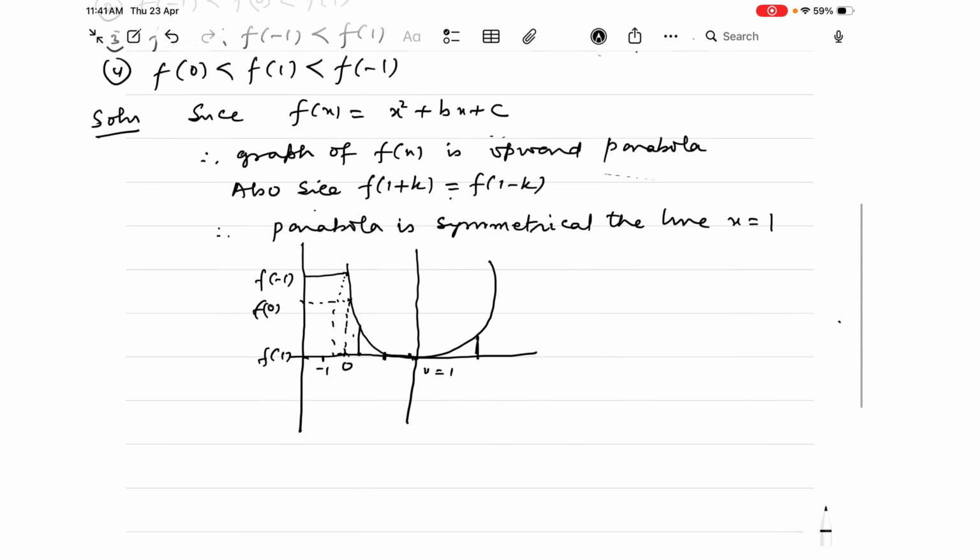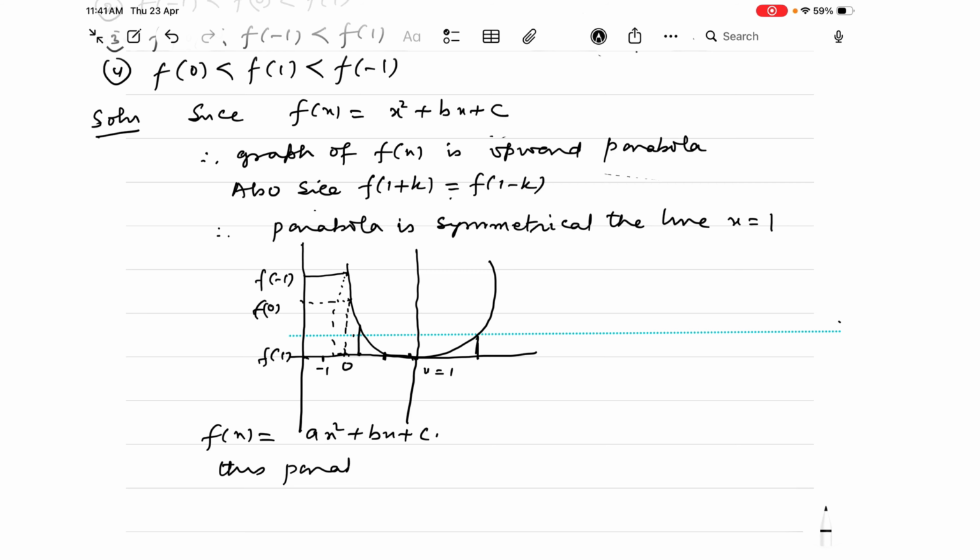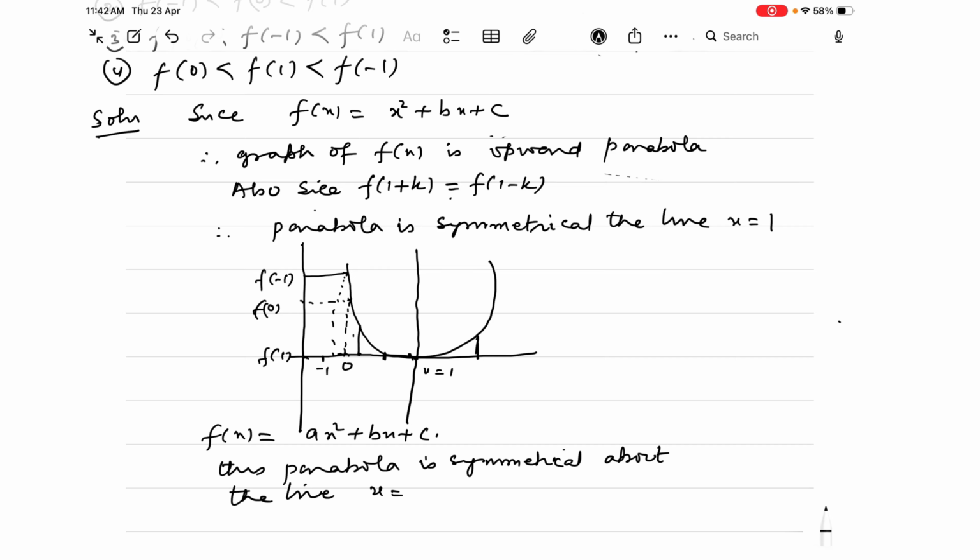Now another explanation for this is, always if f(x) is equal to ax square plus bx plus c, this parabola is symmetrical about the line x equal to minus b by 2a.